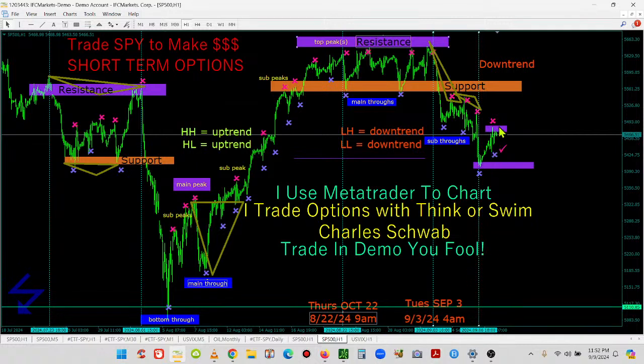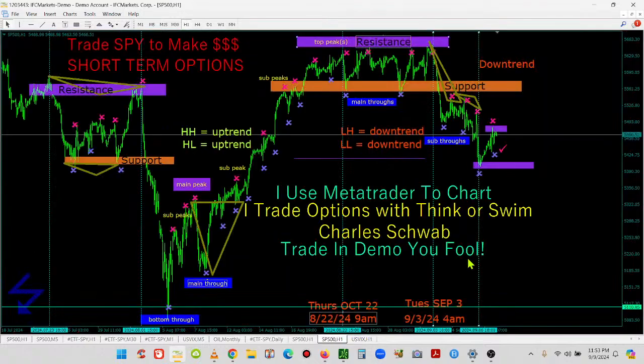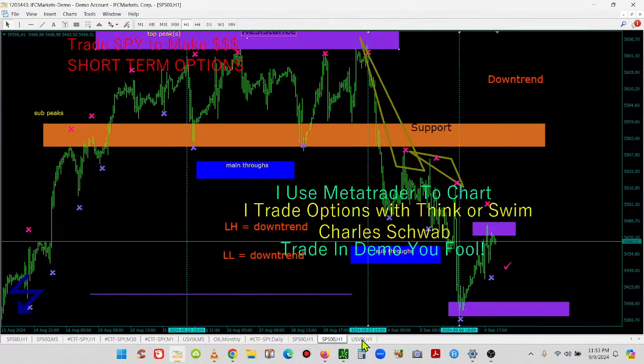The market went up because the VIX went down. The VIX went down here from there to there at this time. We're matching the scale of zoom. That's it right there.